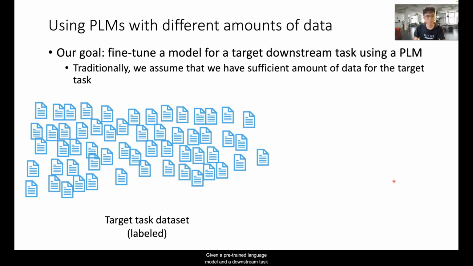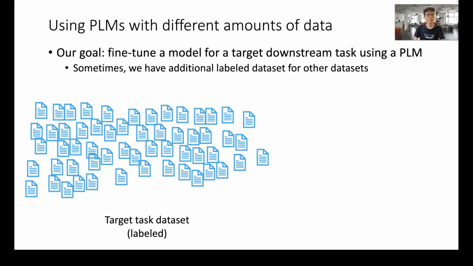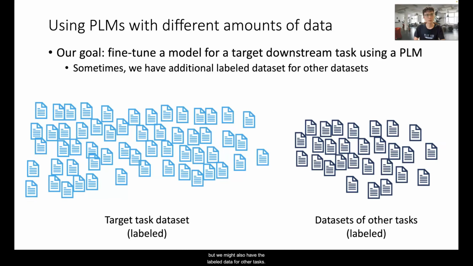Given a pre-trained language model and a downstream task, our goal is to obtain a model for the task. In standard fine-tuning, we assume that we have sufficient label data for the task. In some cases, not only do we have the label data for the target task, but we might also have the label data for other tasks.